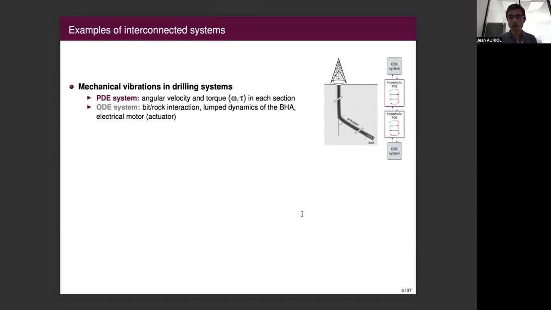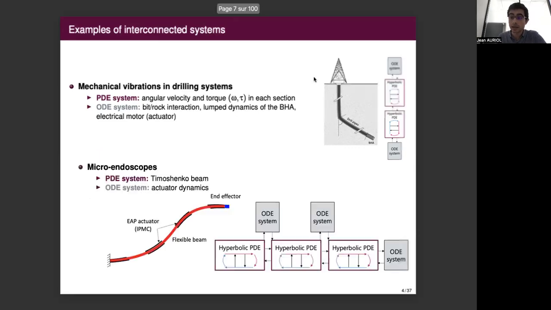Regarding networks, just a word, because it's my hot topic, so I like talking about it. Some applications of networks can be used to describe mechanical vibrations in drilling devices, where you have interconnected PDEs with ODEs that can represent the bit-rock interaction or the actuation dynamics, or the modeling of microendoscopes, flexible structures where you have different PDEs and the actuators are located at some point.